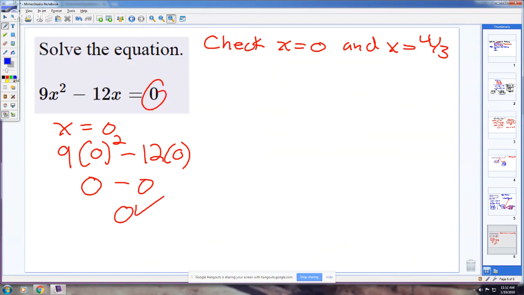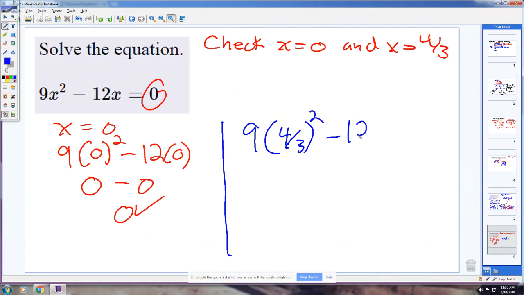So then I try again for 4/3. So 9 parentheses 4/3 squared minus 12 times 4/3. All right, 4/3 squared, that's 4/3 times 4/3, 16/9 times 9. Multiplying fractions, you don't need a common denominator.